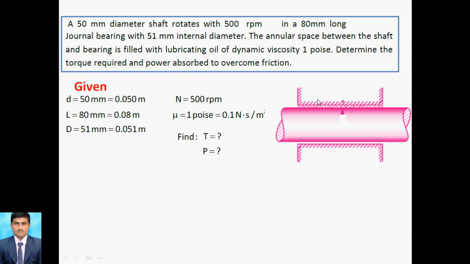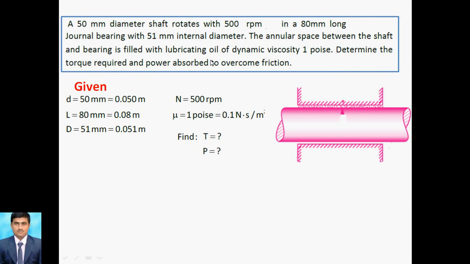So the area between the journal bearing and your shaft is filled with lubricating oil, whose viscosity is 1 poise. Determine the torque and power, T and P.